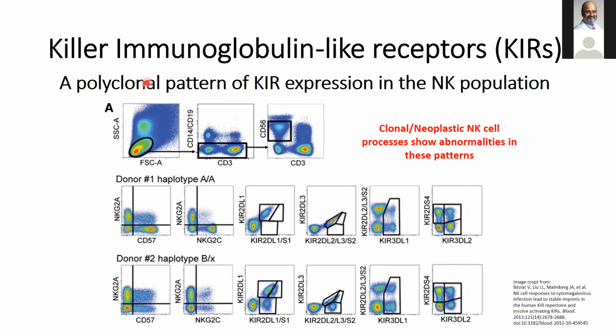So you can use this KIR analysis in a similar fashion to how you would use immunoglobulin light chain kappa and lambda in B cells, and TCR beta 1 analysis in T cells, to try to identify clonality in the natural killer cells.